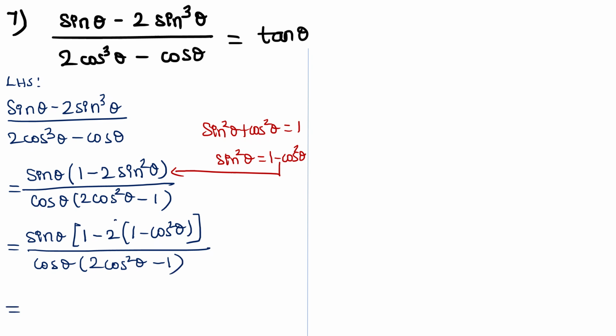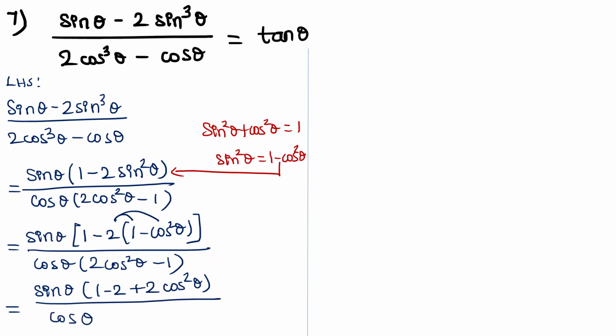Then now this gets multiplied inside. So now you will be getting sin theta and 1 minus 2 plus 2 cos square theta, that whole divided by cos theta into 2 cos square theta minus 1.